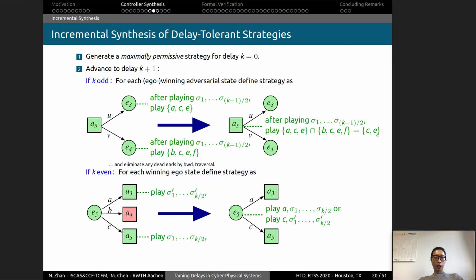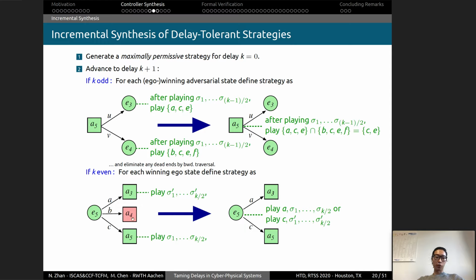Here's another case. If the current delay k is even, this means player 1 has to make a pre-decision at his own state, say E5 here. The difference is that in this case, player 1 can actually decide which action to choose because this is his own state.